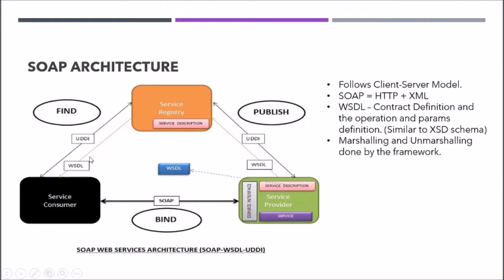The client will pass the parameters as per the WSDL, and the appropriate response will be sent back from the service based on the service definition in the WSDL. So this is the SOAP architecture at a high level.